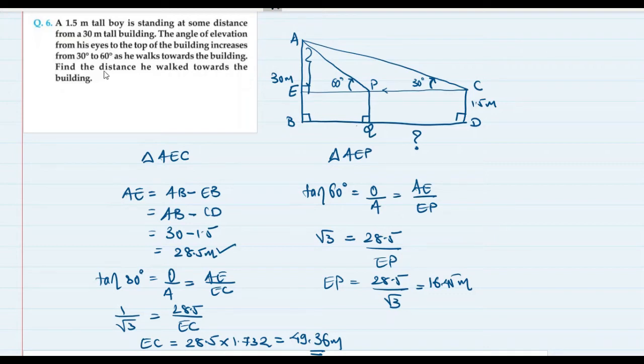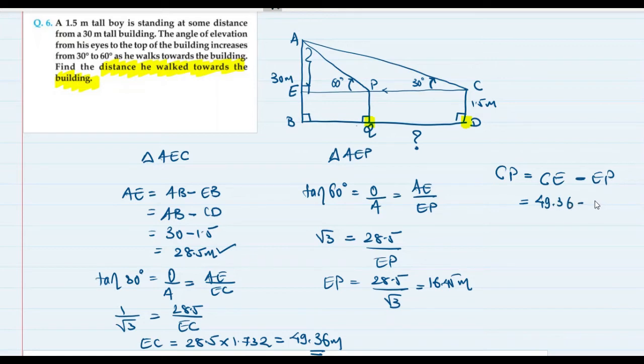We have to find the distance he walked towards the building. That is the distance he covered from point D to point Q. That is QD, which is equal to CP. So basically we have to find CP. So CP is equal to CE minus EP. What is CE? 49.36.